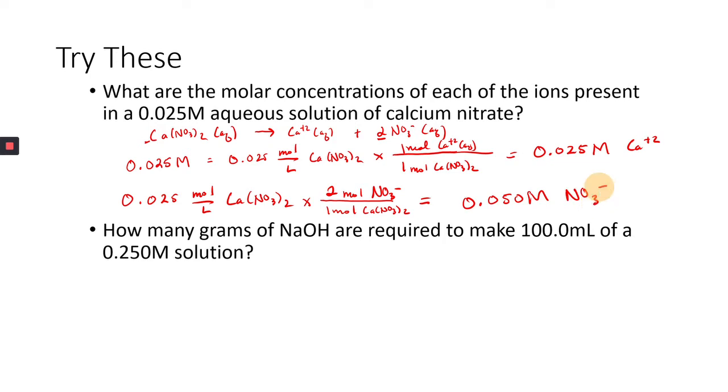So not only is molarity a way of measuring concentration, but you could also use it in stoichiometry to calculate the concentrations of other things in your reaction. Let's look at the second example.